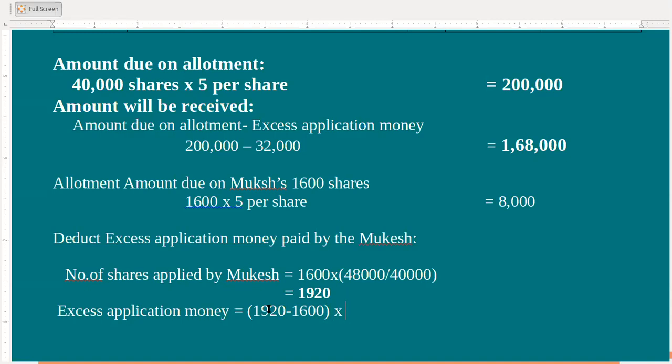What is the application money? It is rupees 4.